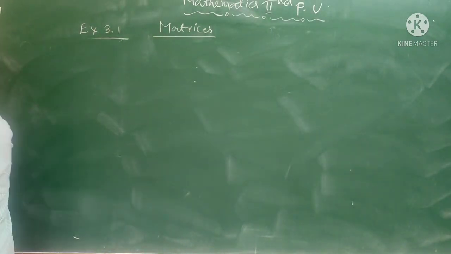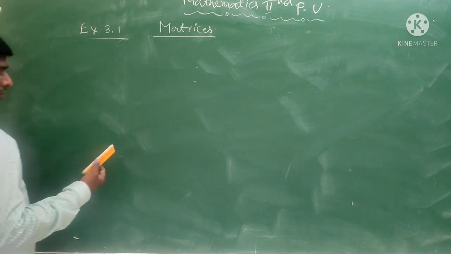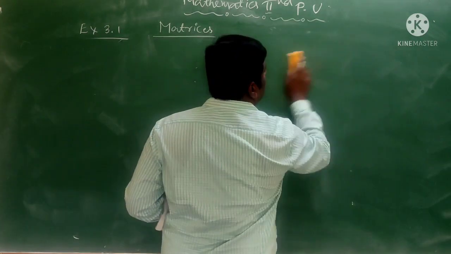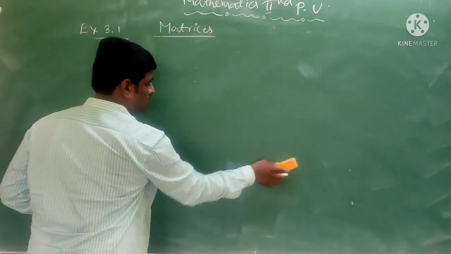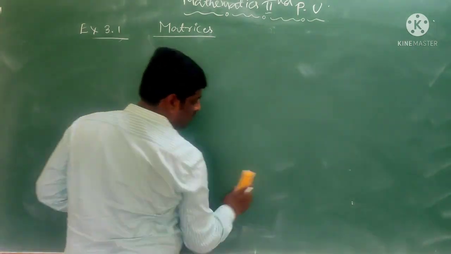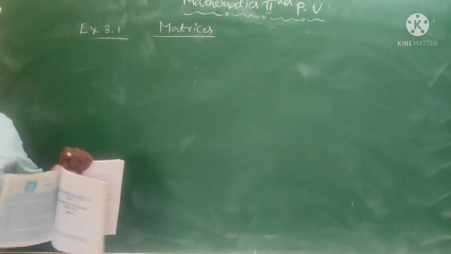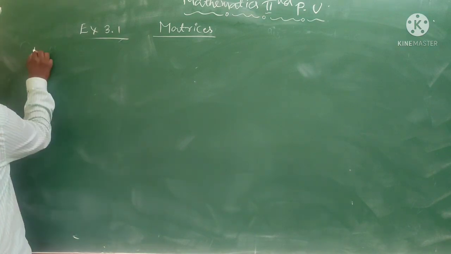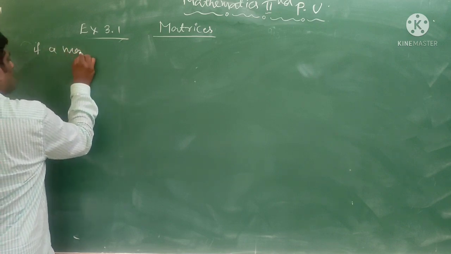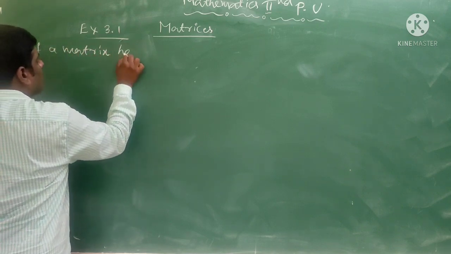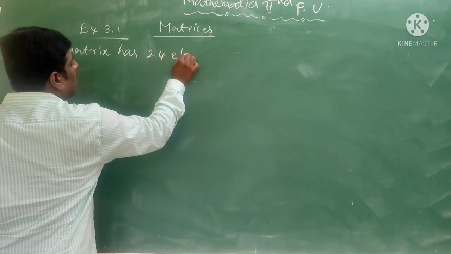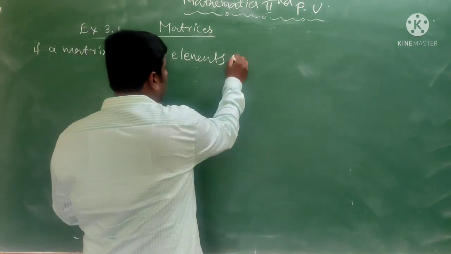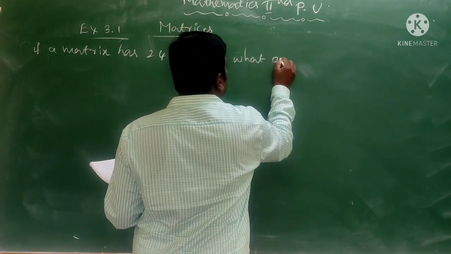Dear children, if a matrix has 24 elements, what are the possible orders?